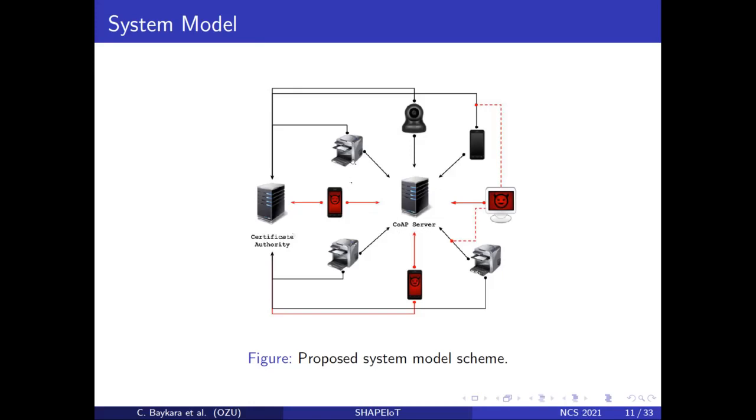And some of these devices, as you can see, are in fact malicious devices, and they act like a benign IoT device and join your network. The malicious devices are not known by the CoAP server. So the CoAP server uses real-time autonomous anomaly detection to prevent these devices from remaining inside the network and blacklists them.